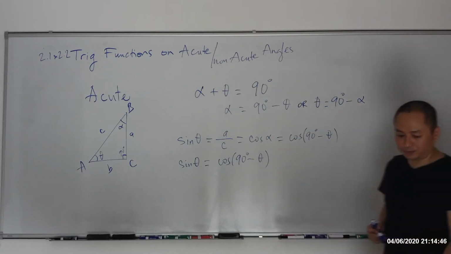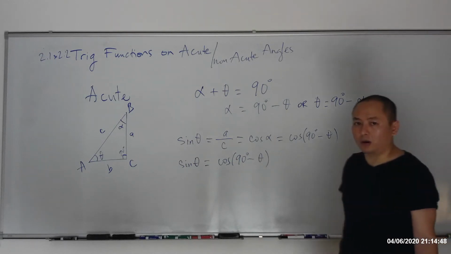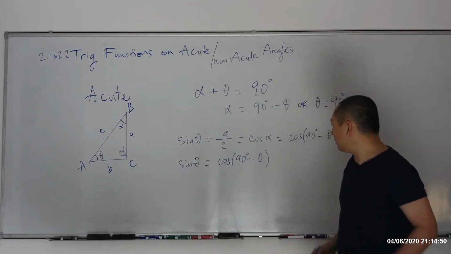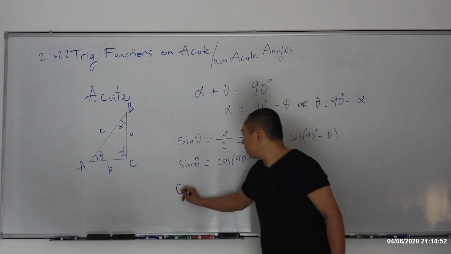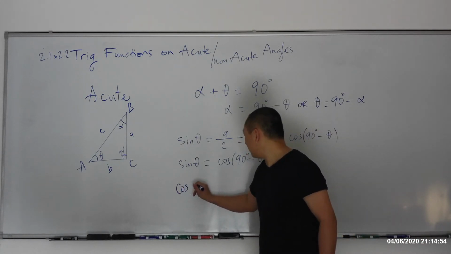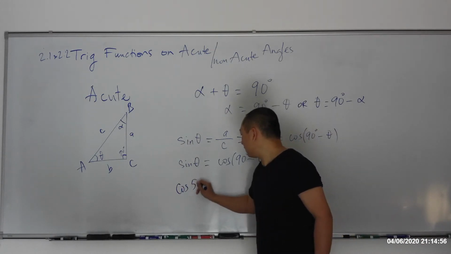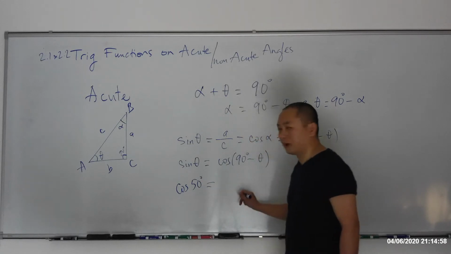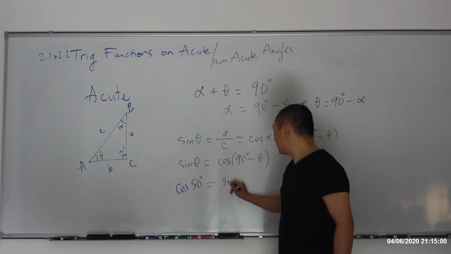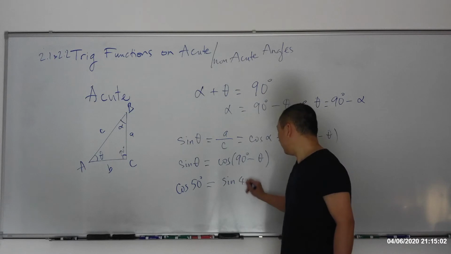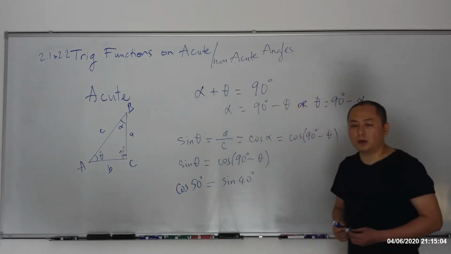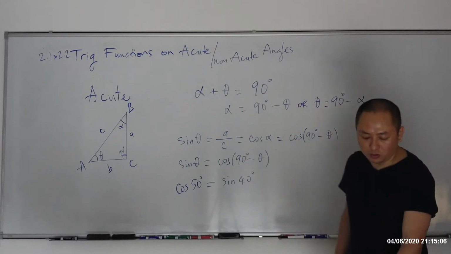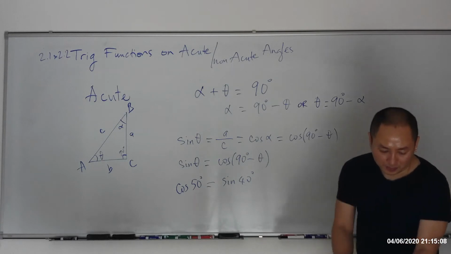Alright? And that will help you to solve quite a number of problems in your homework if you know, say, cosine of 50 degrees, for sure it's going to be equal to sine of 40 degrees, because 40 degrees plus 50 degrees is equal to 90 degrees. Alright?